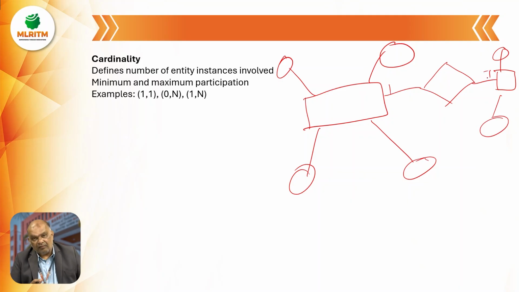That means one attribute of entity 1 is having a relation with one attribute of entity 2. 0, n, no attributes of one entity is having a relation with n attributes. And 1 to n, one attribute of entity 1 is having a relation with a number of attributes in entity 2. That is cardinality.